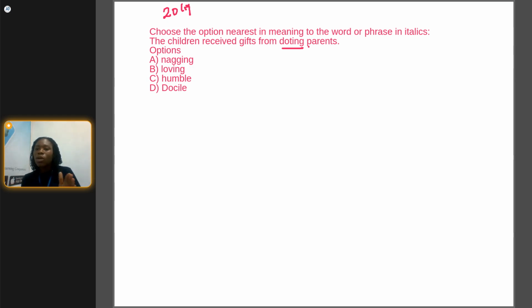When you look at the context, it is talking about parents giving gifts and children receiving gifts. If you are giving a gift to someone, it means you're a compassionate person, someone that cares. You are an affectionate person. So if you substitute nagging for doting, you will see that it doesn't make sense.